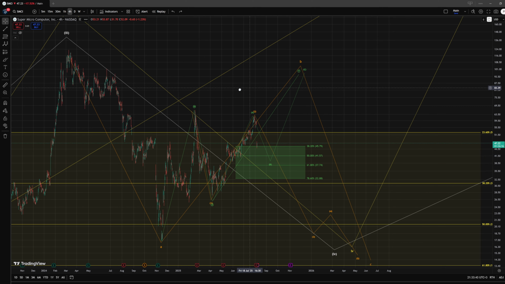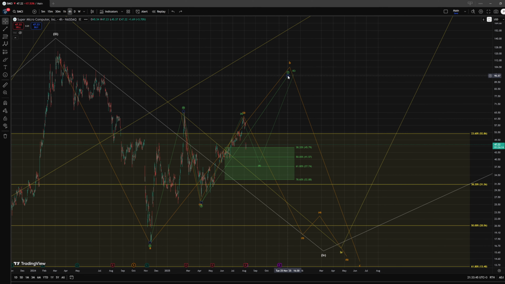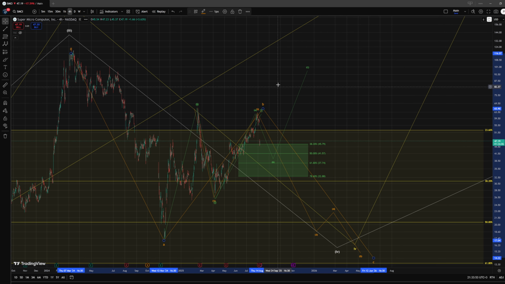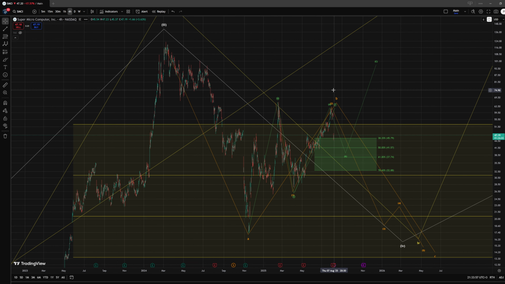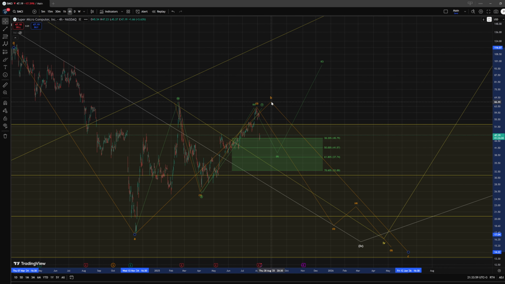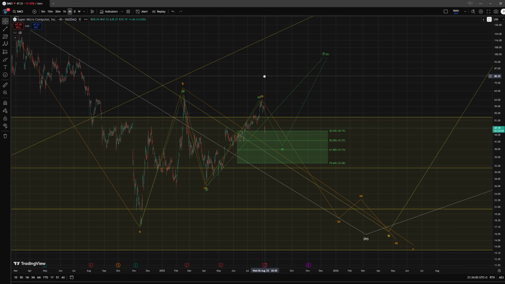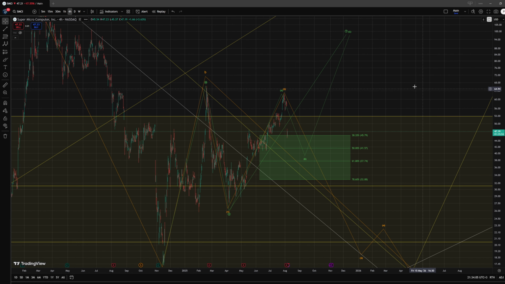And then we have the interpretation that we didn't have an A wave here, we already completed the Y wave, and the B wave actually resets here. It's unfortunate, but all these three scenarios are very valid, and we will have to continue to track them all for the time being.